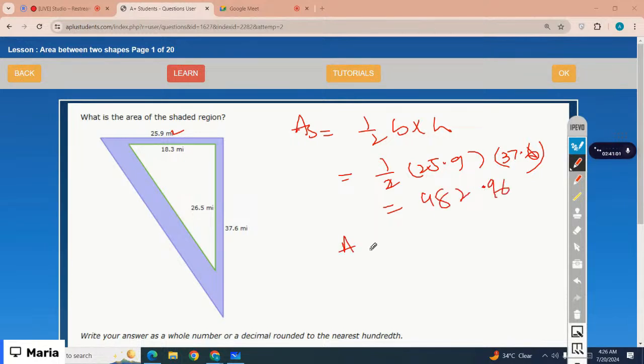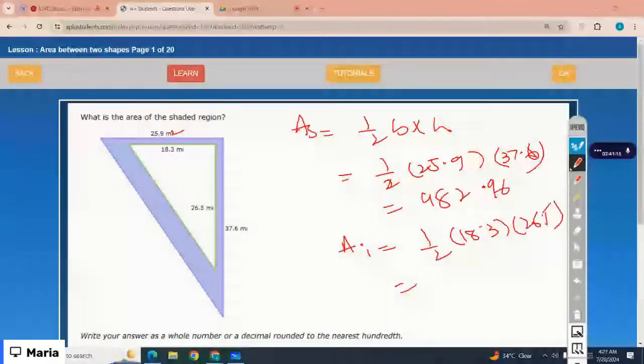Now the area of the inner triangle, that is half times 18.3 times 26.5 divided by 2. That is 242.75. Now you need to find the area of the shaded region.